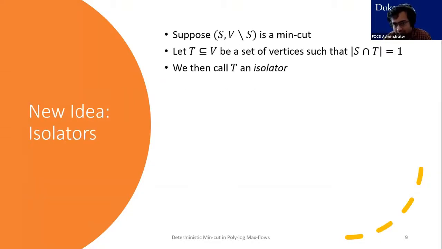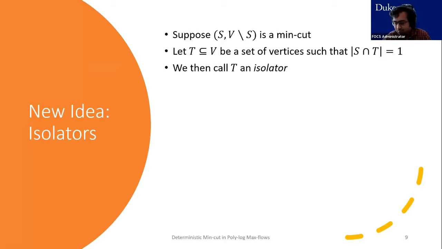Okay, so what's an isolator? Suppose there's a min cut that separates the vertices S from the rest of the vertices. We define an isolator as a subset of vertices such that it has exactly one vertex on any one of the two sides of the cut.